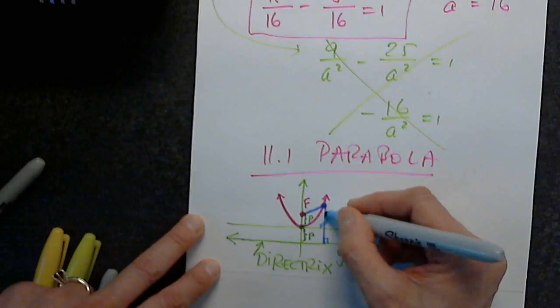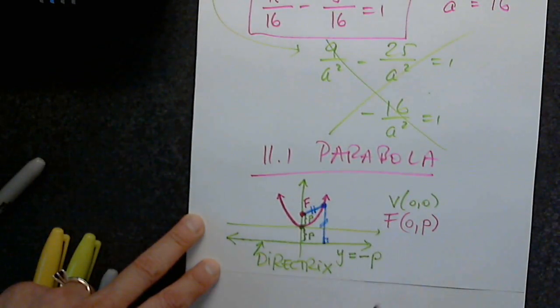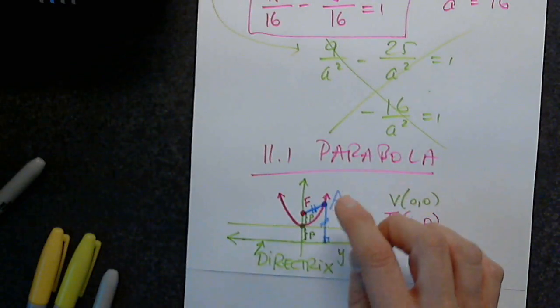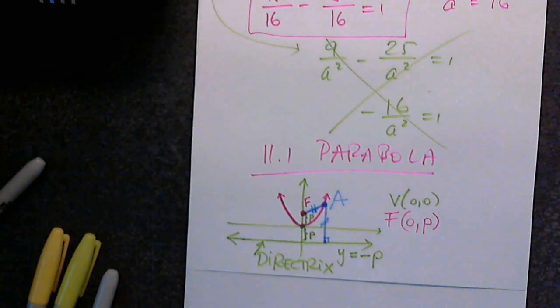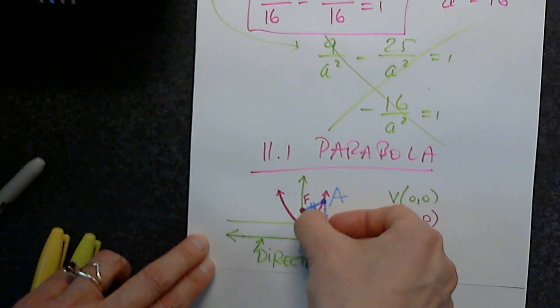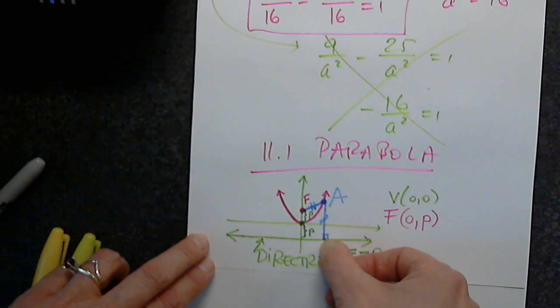So this blue line is identical with this blue line in measure. It's not in my graph. Sorry about that. I should have opened the parabola a little bit more. So any point on the parabola satisfies the following condition. The distance between itself and the focus of the parabola and the distance between itself and the directrix of the parabola will always be the same.